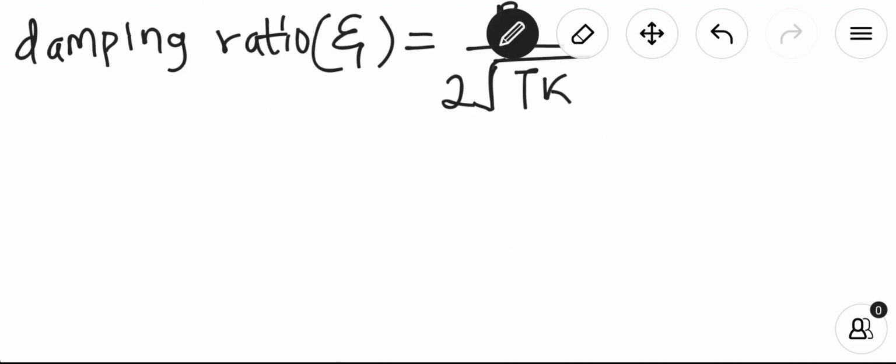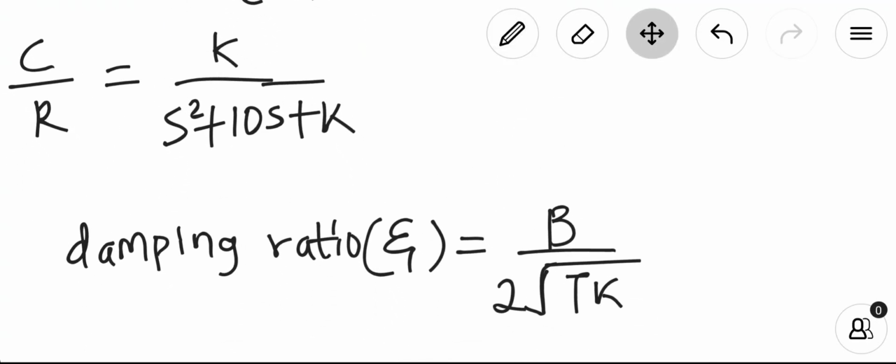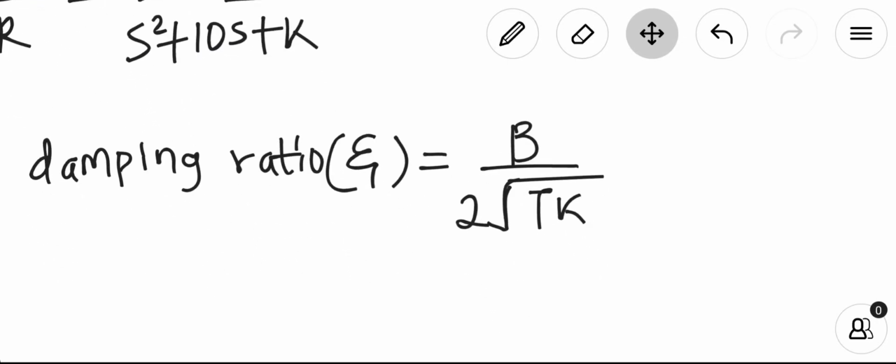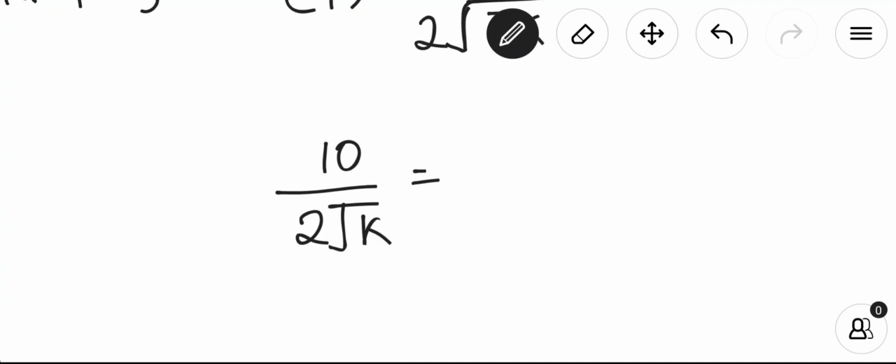Now we know that delta is 0.5, B from here is 10, T is 1, and K remains K. So substituting, you have 10 over 2 root K equal to zeta, and zeta is 0.5.